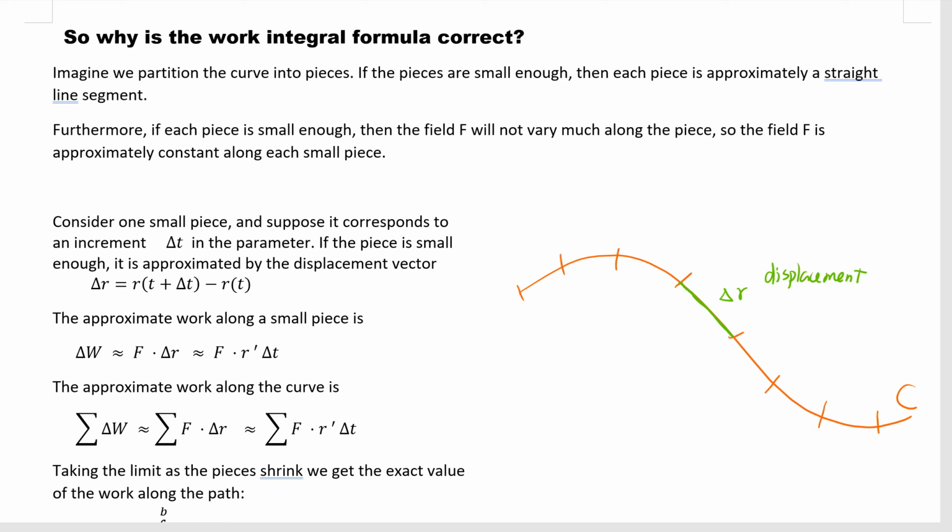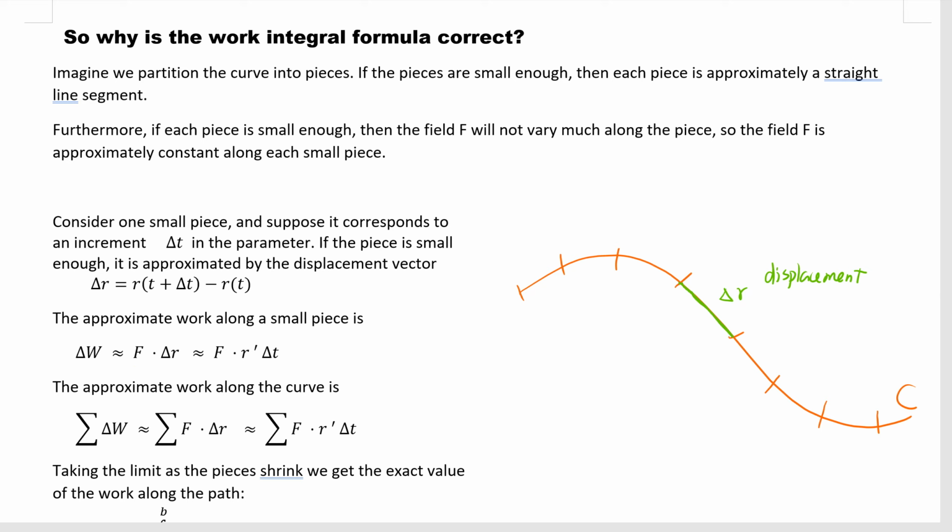And then the approximate work done, the work along the small piece. Remember from the previous example, if we have a force applied along a straight line, then we just use F dot the displacement. So now we have the same thing. The change of work is F dot the change of displacement. Well, the change of displacement dr is just r prime of t dt.